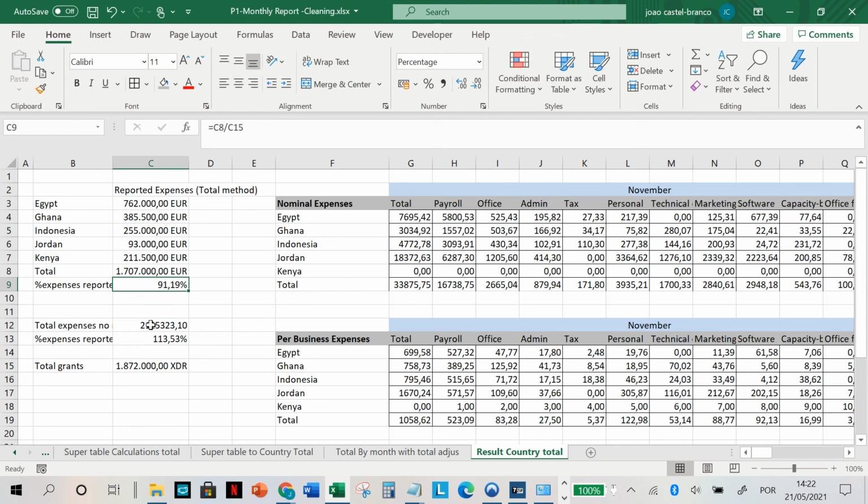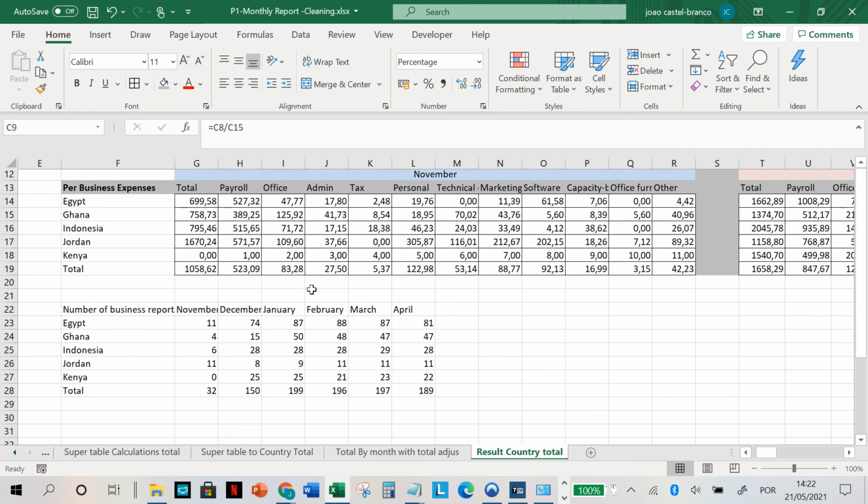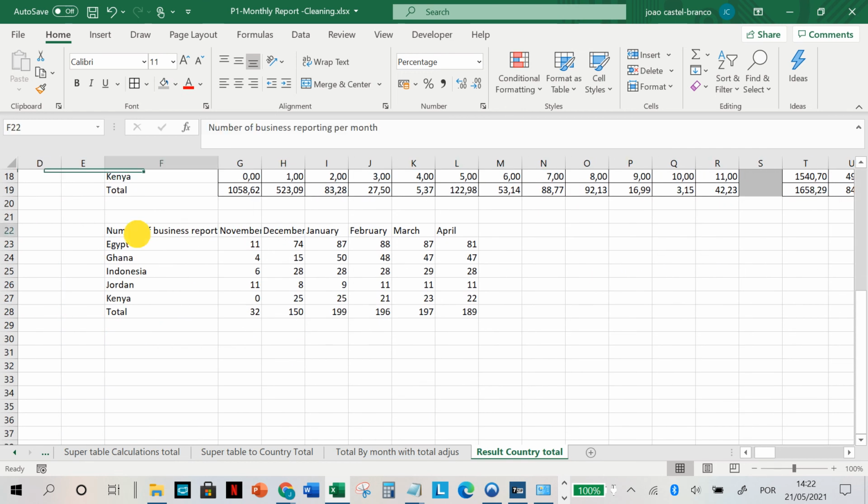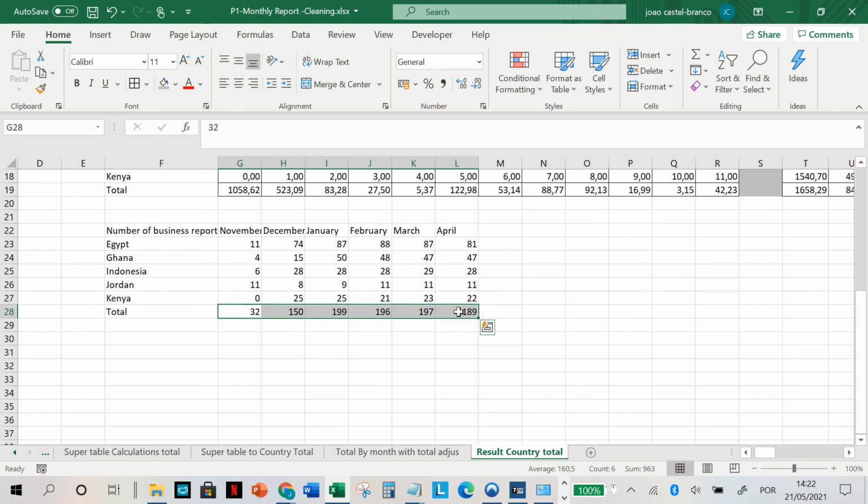with the adjustment. Without the adjustment, this would be the value. And it is okay for the adjusted value to be lower, because here is the number of businesses reporting. In total, if every business reported expenses every month, the count would always be 208.